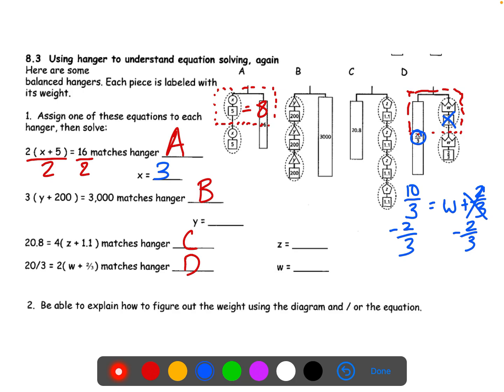That's going to leave us with 8/3 as our value equivalent to W. And it's fine to just leave it as an improper fraction like that. Okay, give B and C a try, please, and then check the notes for the answers to those 2 examples.